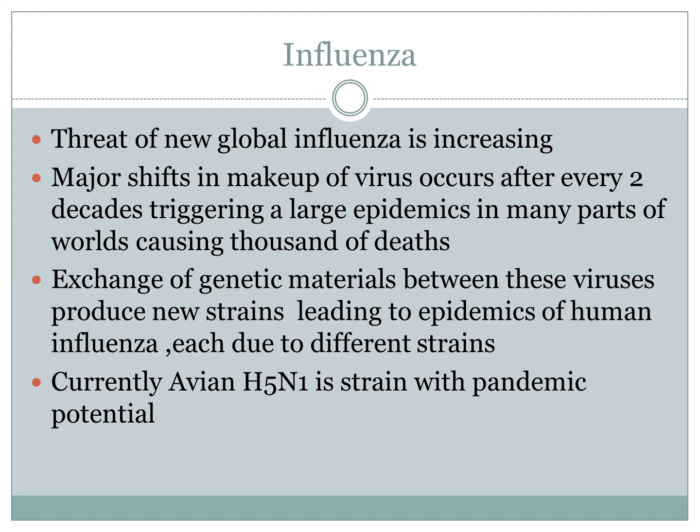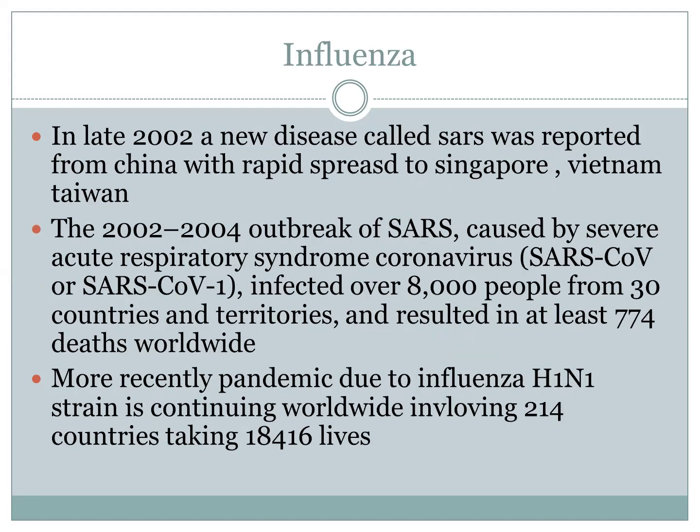Currently, the H5N1 avian influenza strain has pandemic potential. In 2002, a new disease called SARS was reported from China with rapid spread to Singapore, Vietnam, and Taiwan. That outbreak was caused by the severe acute respiratory syndrome coronavirus, infected over 8,000 people from 30 countries, and resulted in at least 774 deaths.